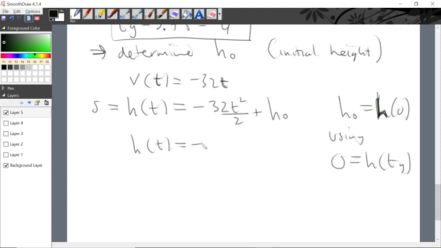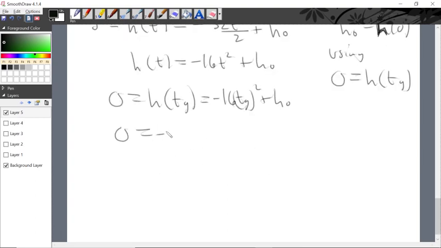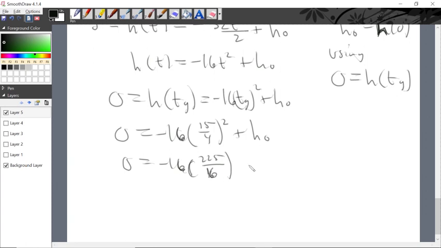So here's what we have. The h of t function is negative 16t squared plus h naught. This condition, 0 is equal to h of the time that it hit the ground, is negative 16 times the time that it hit the ground squared plus h naught, which we can plug in. Negative 16 times 15 fourths, or 3.75, squared, plus h naught. We have 15 squared is 225, 4 squared is 16, that works out nicely, these cancel each other out.